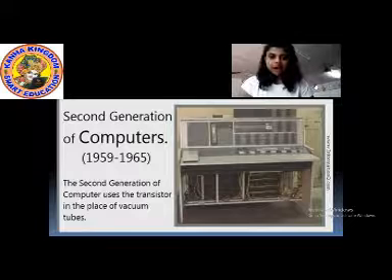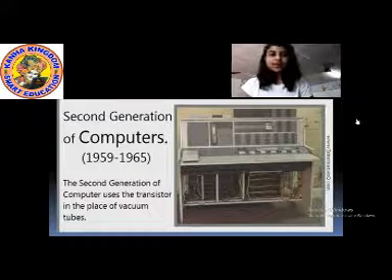These computers are smaller compared to the first generation of computers, isn't it? Yes. And these computers used transistors in place of vacuum tubes, and they are not so huge and large like the computers in the first generation. Now let us move to the third generation of computers.